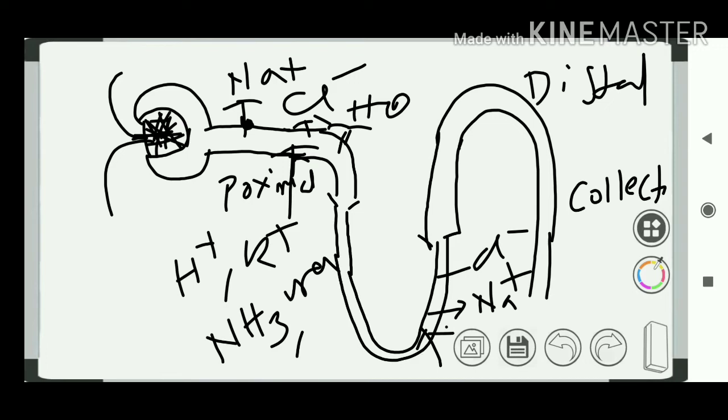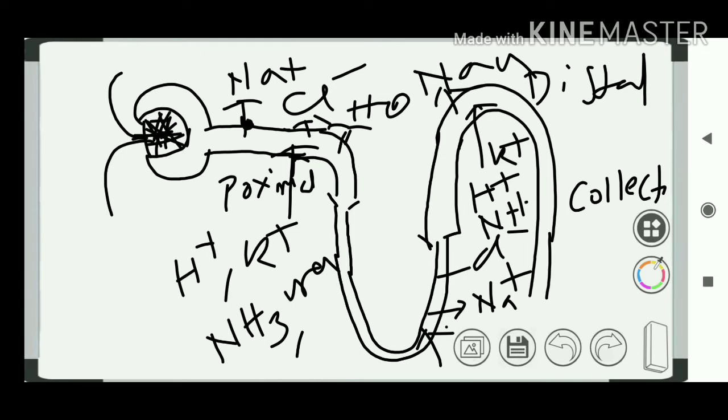Then in the distal convoluted tubule, we are going to see NaCl exit and entry of potassium, H plus ions, ammonia and H3. So finally our concentrated urine is going to reach the collecting duct, where it is going to reach the overall urinary bladder.